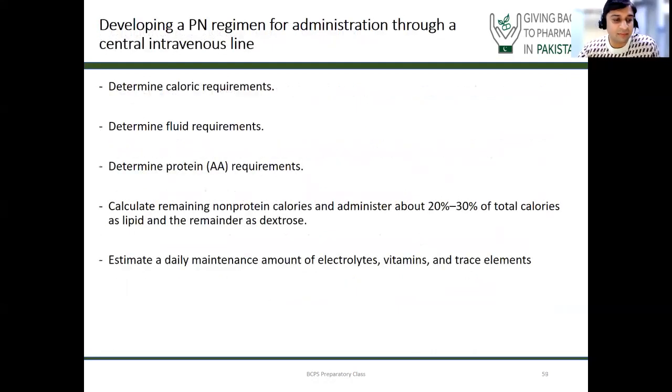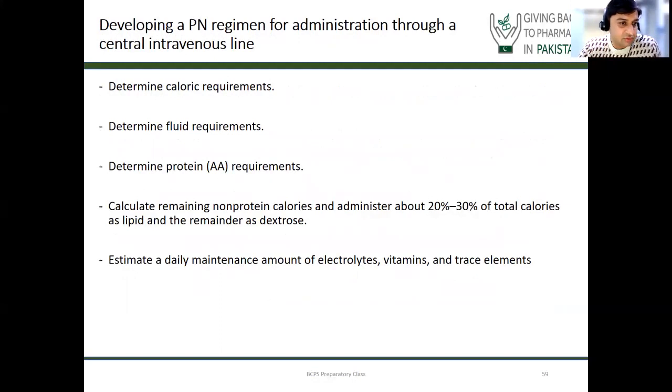So how do we develop it? There are 5 steps for the development of parenteral nutrition formula. First of all, you'll calculate the caloric requirement. There are multiple ways to calculate the caloric requirement.